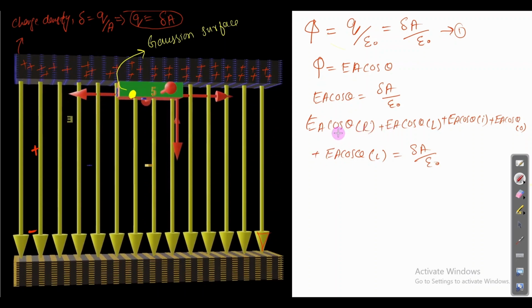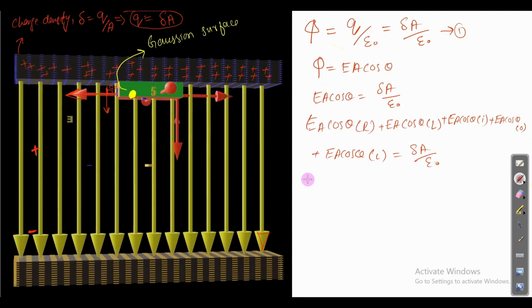At first I consider the first case, EA cos theta at the left side. Here I am going to find the flux. The angle between the electric field lines, which come from the upper side towards the lower, and the direction of the area of this side of the box, is 90 degrees.